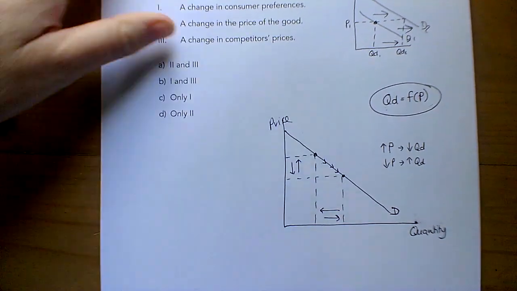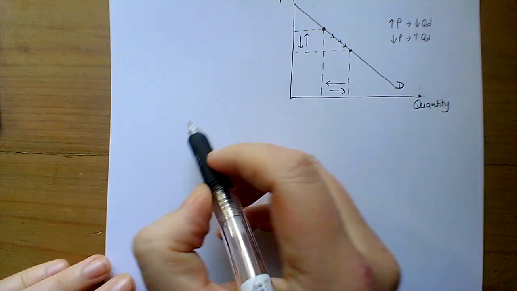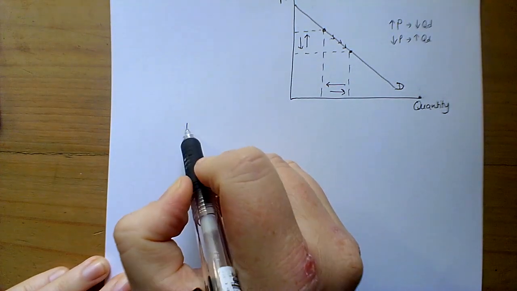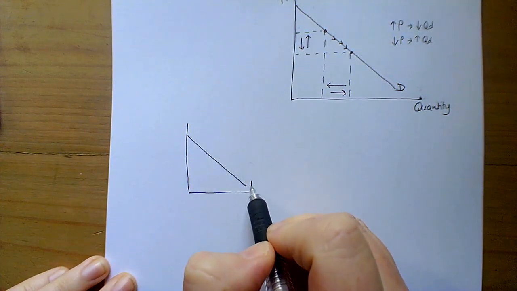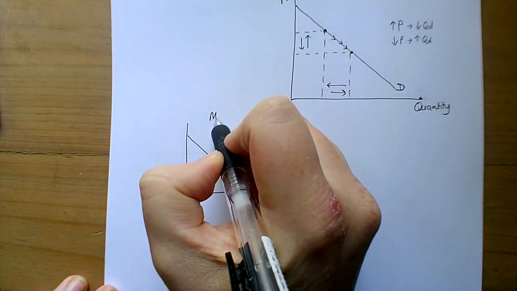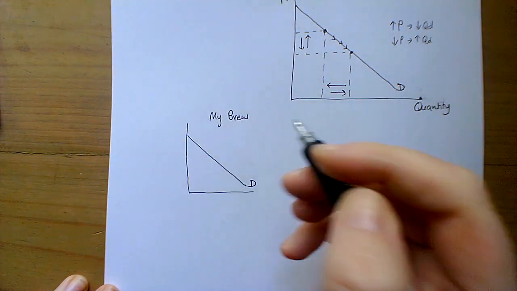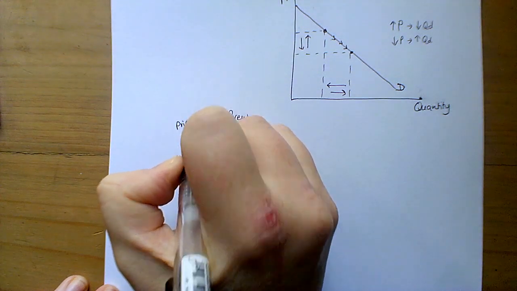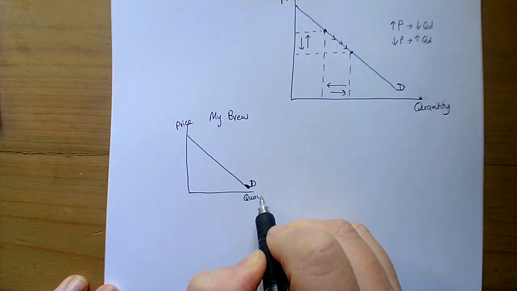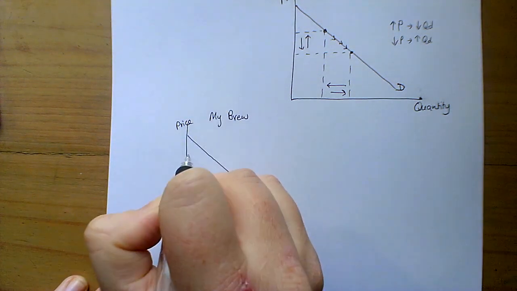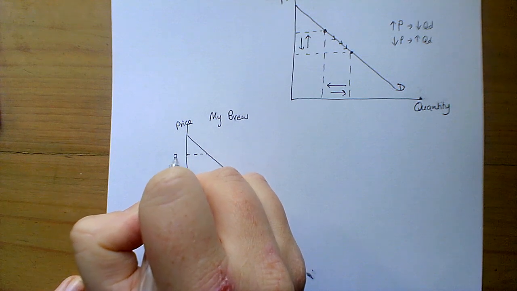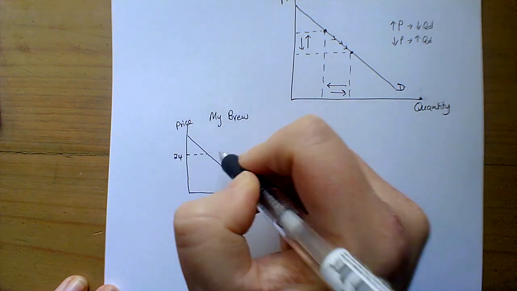So let's say that we have this demand curve and we're going to plot My Brew's coffee. So My Brew faces the following demand, and let's say that My Brew charges this price, 24 Rand on average.